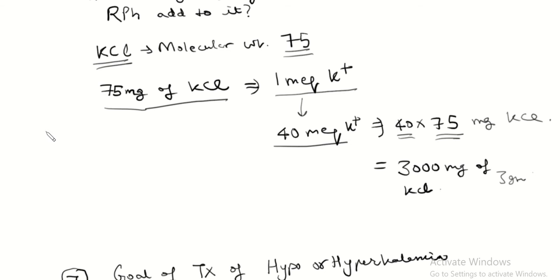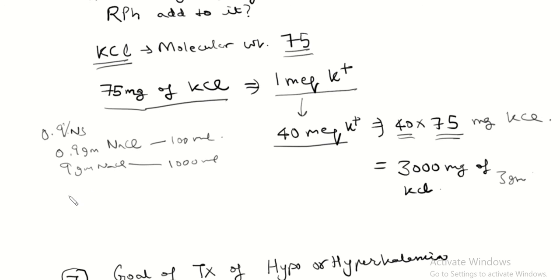Well, what if the solution was also 0.9% sodium chloride? What does that mean? That means 0.9 grams of sodium chloride was mixed in 100 ml. Now the solution is 1000 ml because it's a liter, so you're going to have 9 grams of sodium chloride.